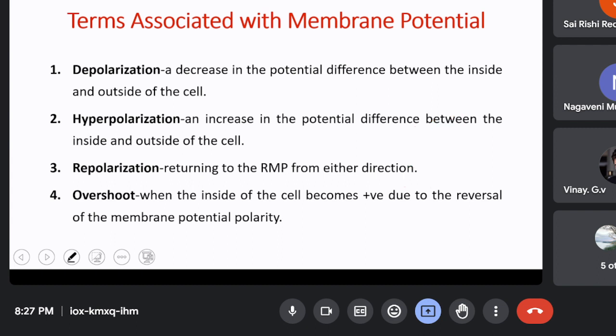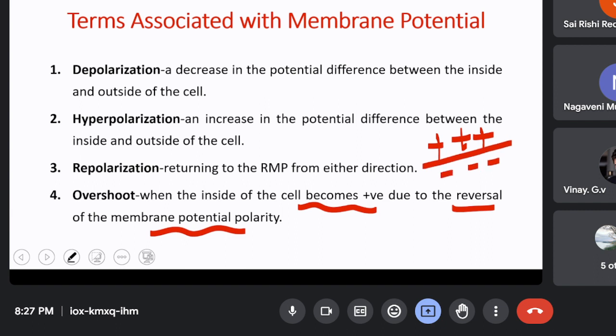Then overshoot. When the inside of the cell becomes positive due to the reversal of the membrane potential polarity, and generally we have seen that there is positivity outside, negativity inside, when the inside of the cell becomes positive due to the reversal of the membrane potential polarity, we call that overshoot.